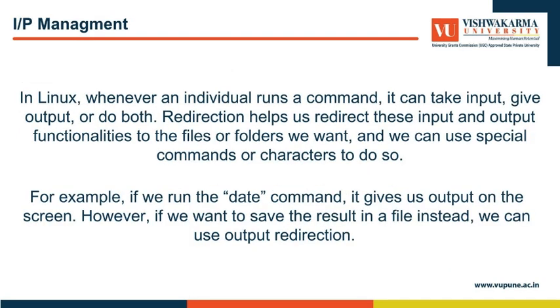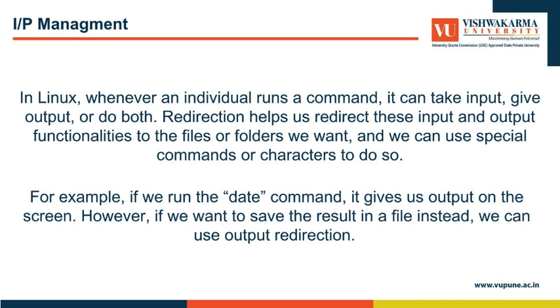In Linux, whenever an individual runs a command, it can take input, give output, or do both. Redirection helps us redirect these input and output functionalities to the files or folders we want, and we can use special commands or characters to do so. For example, if we run the date command, it gives output on the screen.